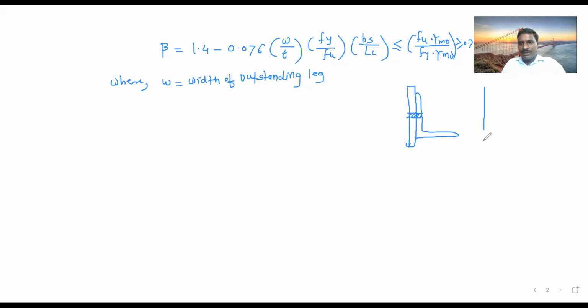There are two conditions for the connection: this is the bolted connection, and this one is the welded connection. Again, this is available in the IS code.